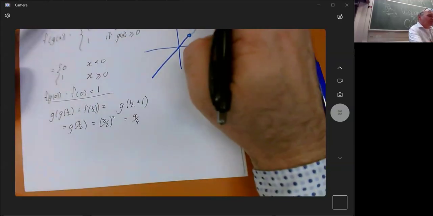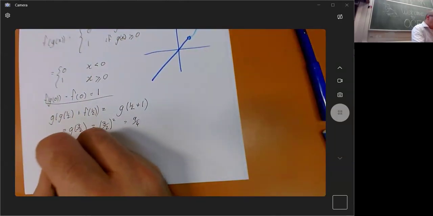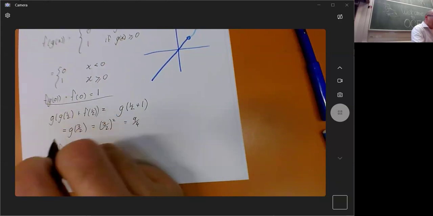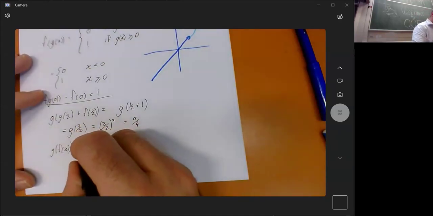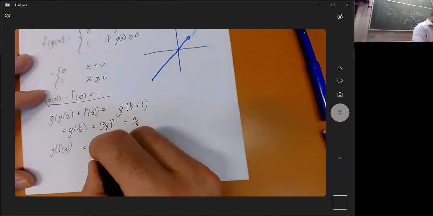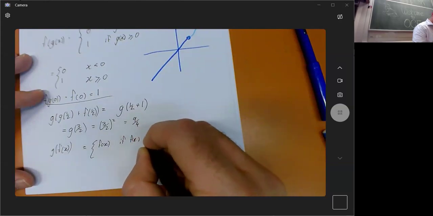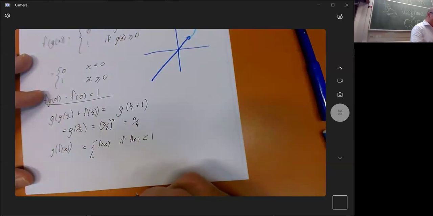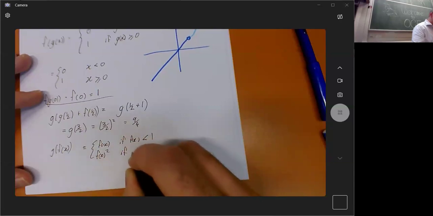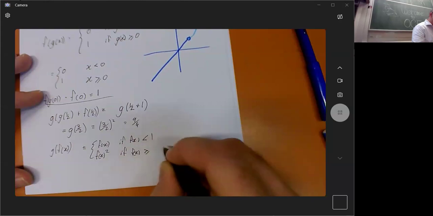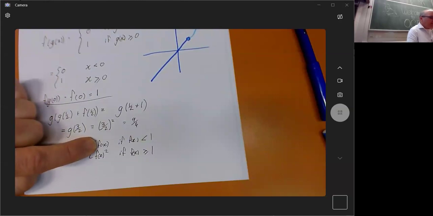But I do want to do a bit of playing with these two things here. If I was to do the composition of g of f of x, it's not going to be very much fun. It's going to be very simple, isn't it? So this would be equal to f of x if f of x is less than 1, and f of x squared if f of x is greater than or equal to 1. f of x is either 0 or 1.